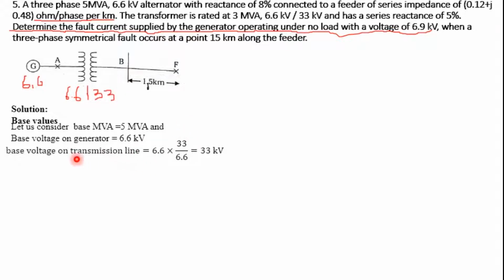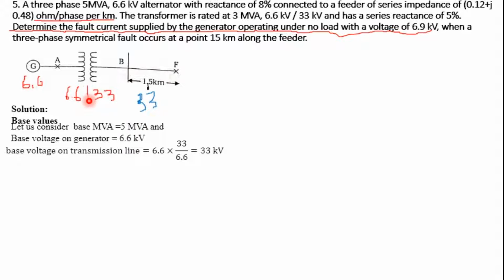The voltage on the high voltage transmission line is equal to the low voltage base times the high voltage rating of the transformer divided by the low voltage rating of the transformer. So 6.6 times 33 divided by 6.6 gives 33. So the new value is also 33 kV on the transmission line side. These are the new values, and these are the old values.